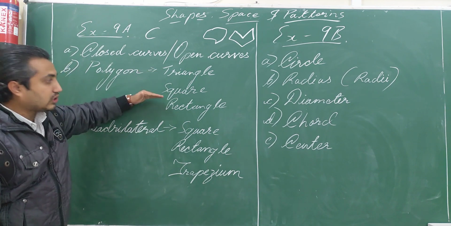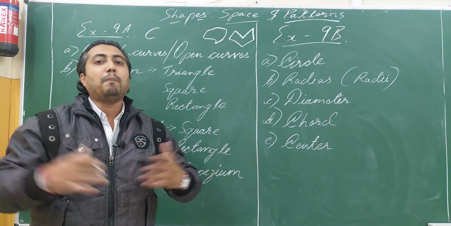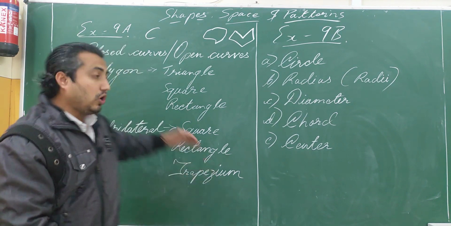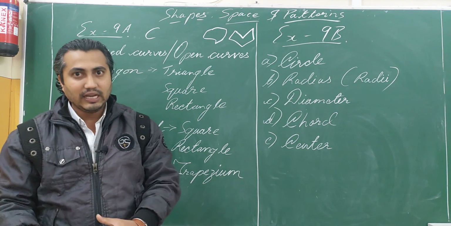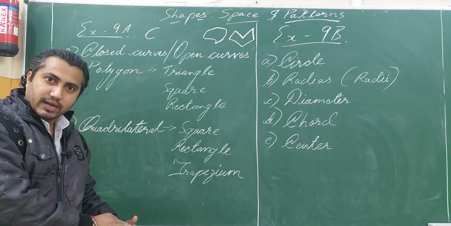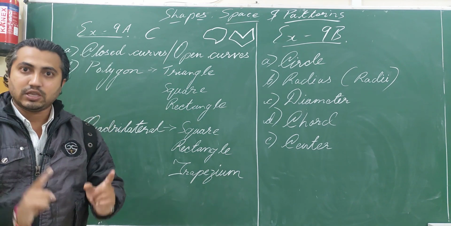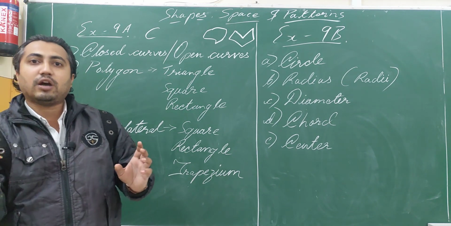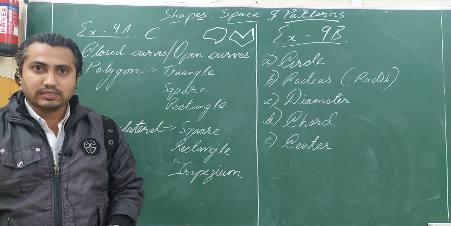A triangle, a square, a rectangle, all these are different polygons. To understand polygon, we only have to remember 2 things: one, it is a closed figure, and the next is the sides have to be straight lines or line segments. It cannot be curved.